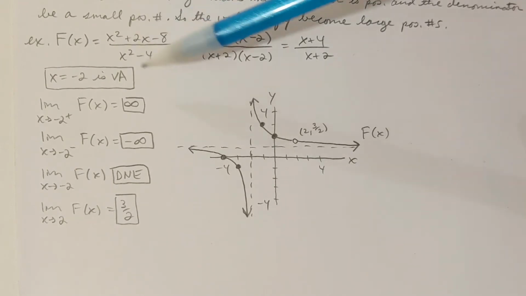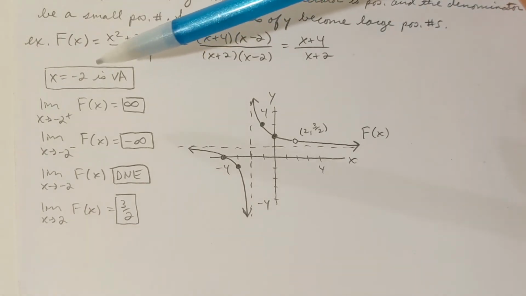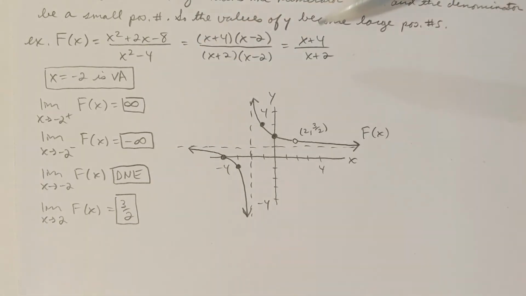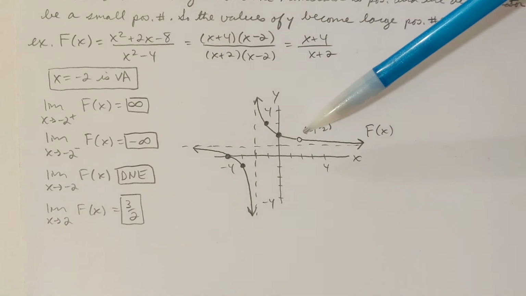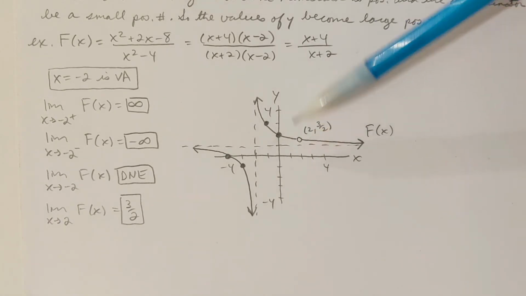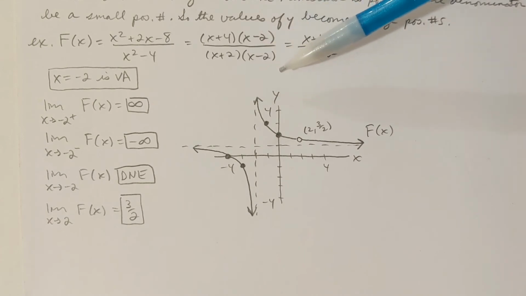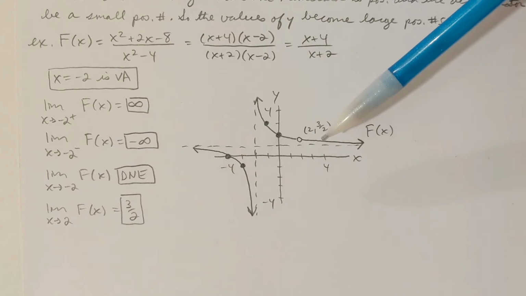However, this function is not in complete simplified form, okay? x = -2 is going to be a vertical asymptote. x = 2 is no longer a problem when you simplify. Right? So you're going to have a hole in the graph at x = 2. These factors of x - 2 are going to cancel, allowing me to conclude that I'm going to have a hole in the graph at x = 2.